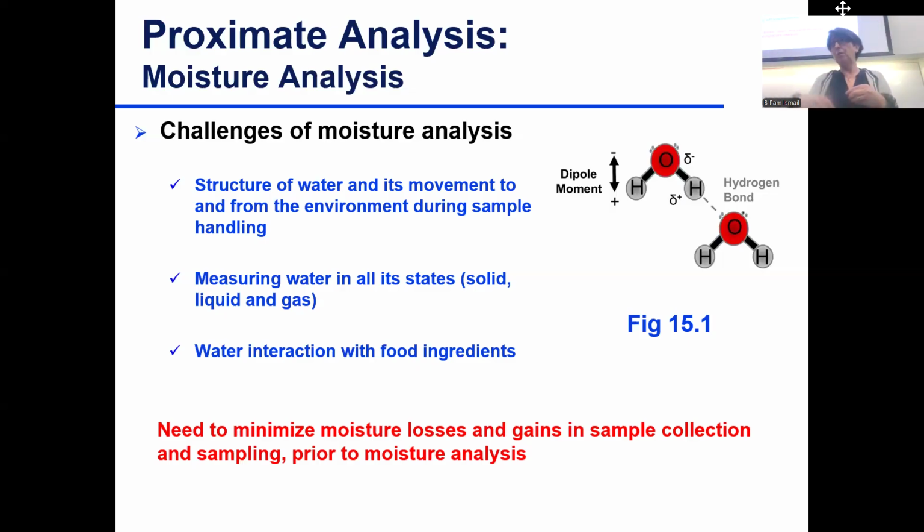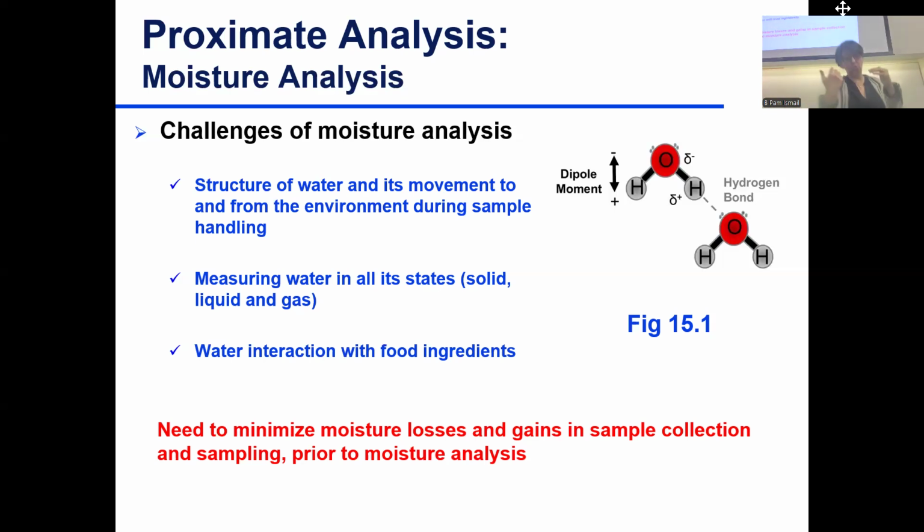to the atmosphere. Or if it's a dry product like baby cereal, if you leave the box open, it's going to take humidity from the atmosphere, water from the atmosphere is going to get into your sample, and you will overestimate the moisture content, because water moves from wetter to drier kind of place.